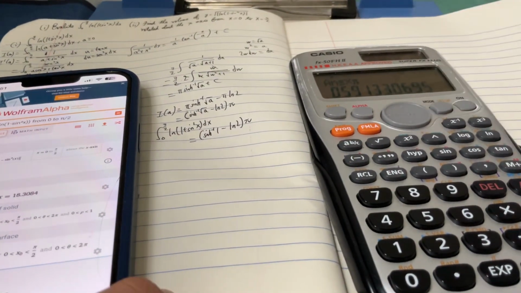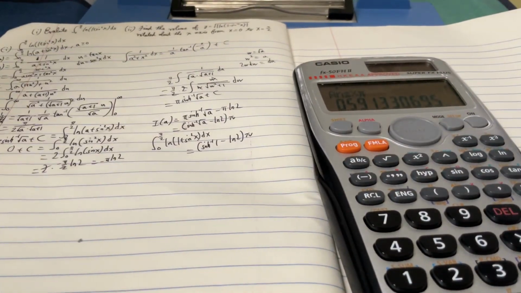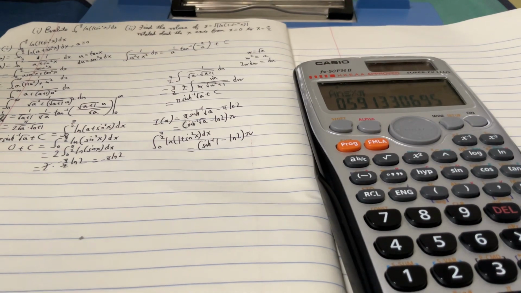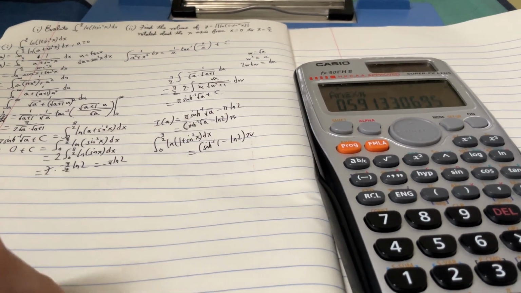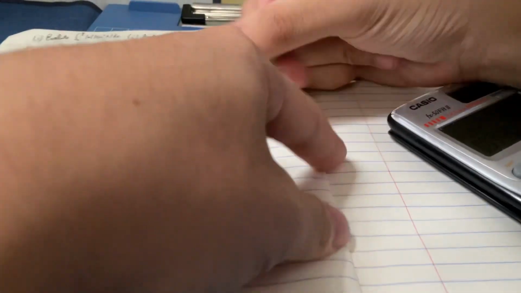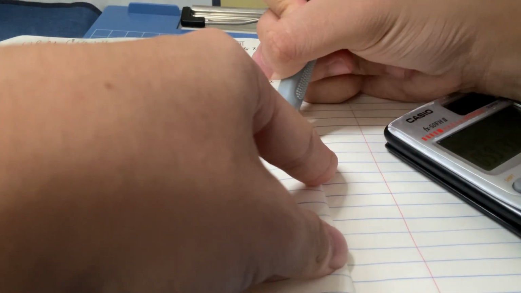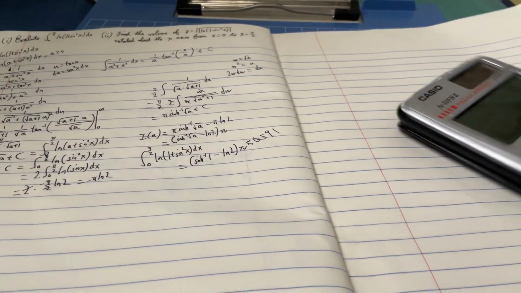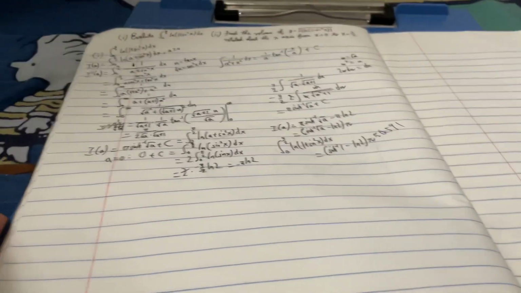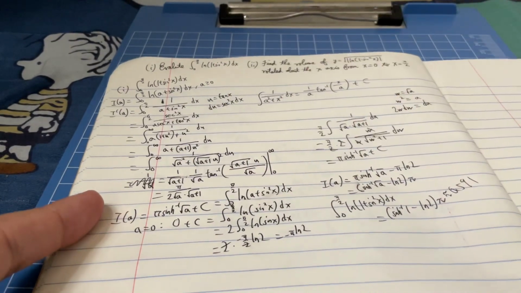And then multiply by pi, right? You get 0.591, which is the result that Wolfram Alpha gave you. So this is about 0.591. So we can do something that Wolfram Alpha cannot do. This is really, really cool.